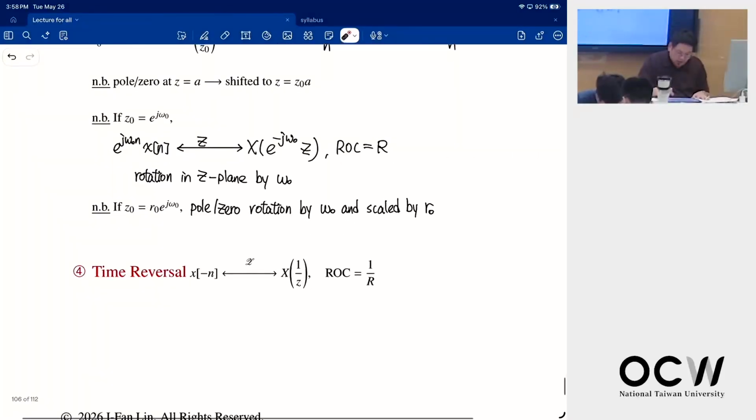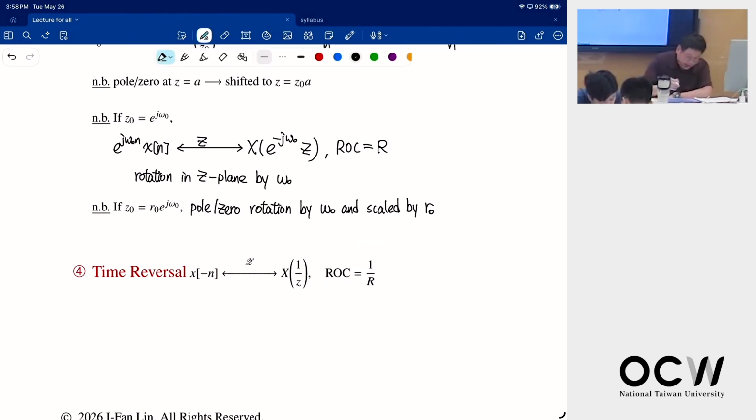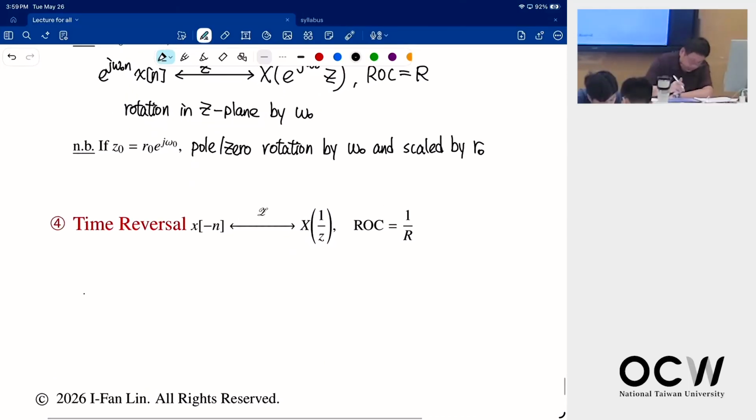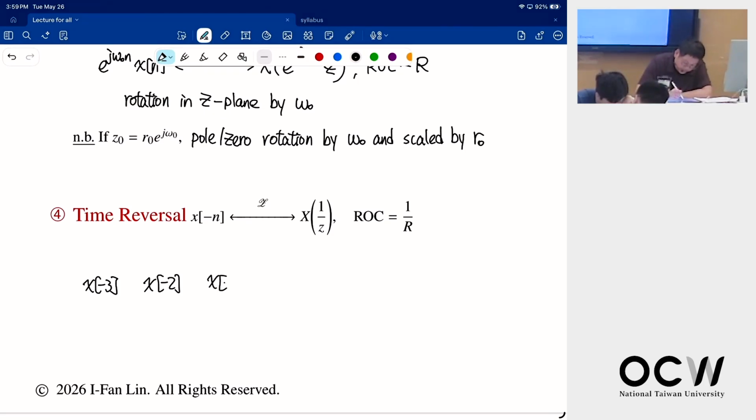Next one, the time reversal. For the time reversal, the region of convergence is also the reciprocal of the previous one. Think about this is x, and here I have the value at -2, value at -1, value at 0, value at 1, value at 2, and value at 3.